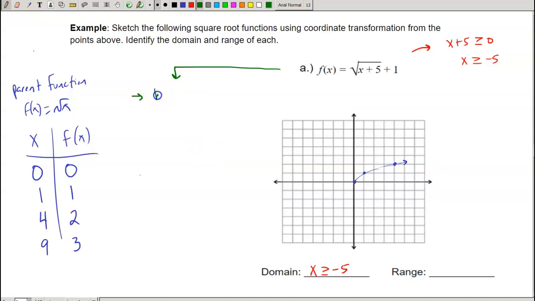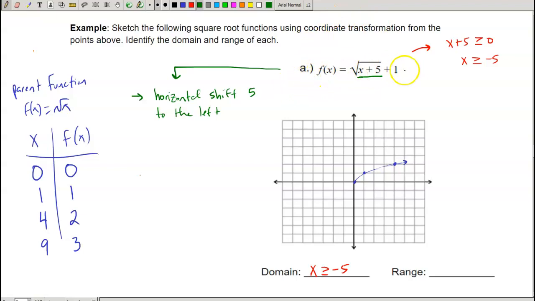It's going to be a horizontal shift 5, because my h is 5 here, and this is going to go to the left. That's one transformation, and that's because I have an x plus 5 there. So I'm adding 5 directly to the x, and that provides that horizontal shift to the left here.